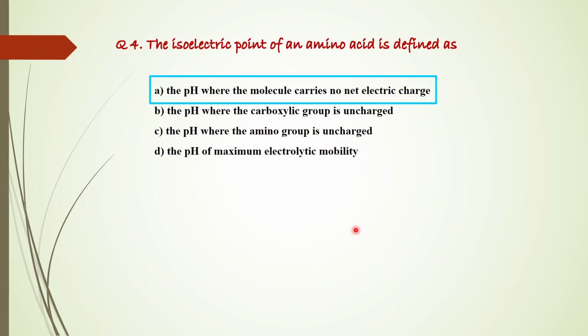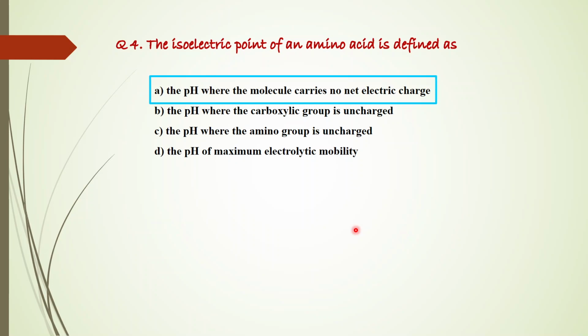Sometimes I have seen students make this mistake. They assume that since the net charge at the isoelectric point is 0, the entity itself is uncharged. No, that is not so. Suppose for glycine, at its isoelectric point it remains as NH3+CH2COO-.